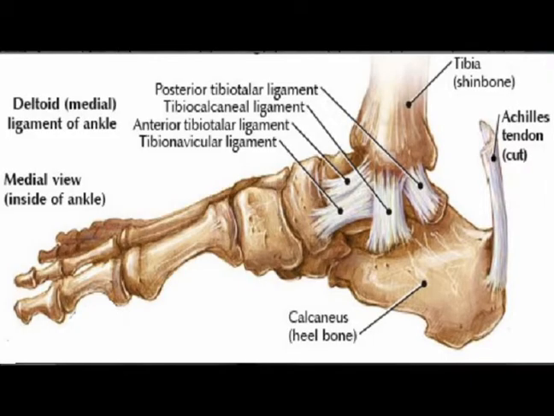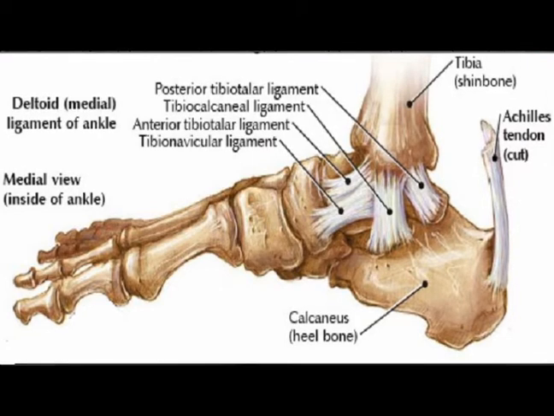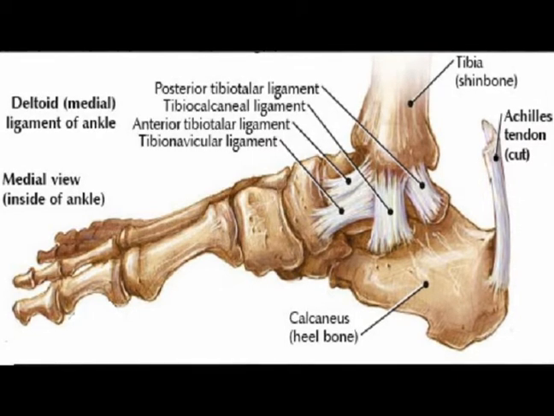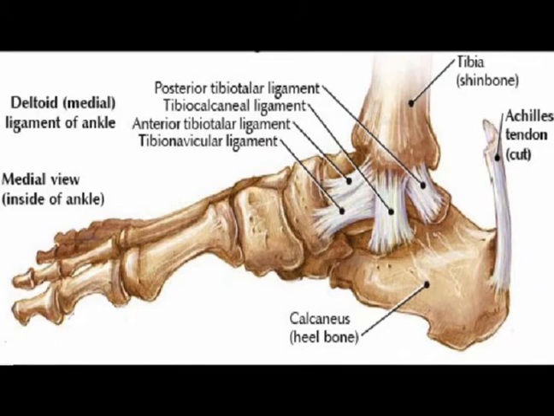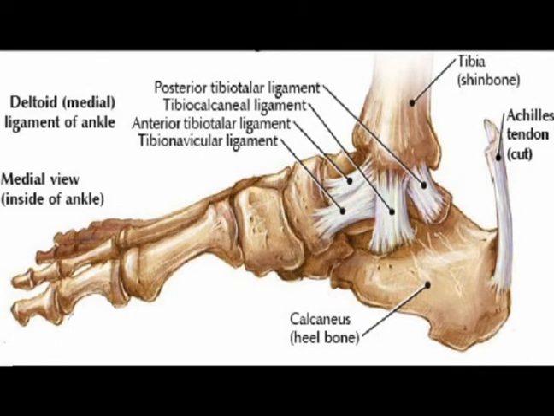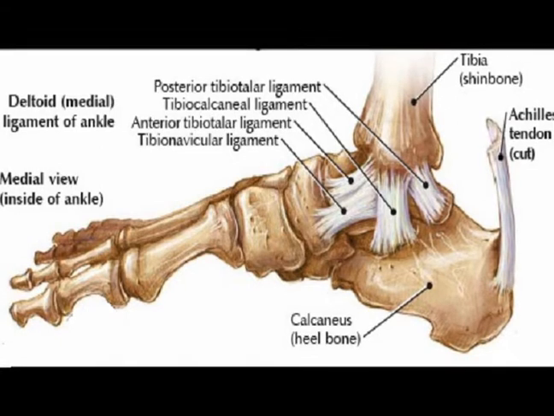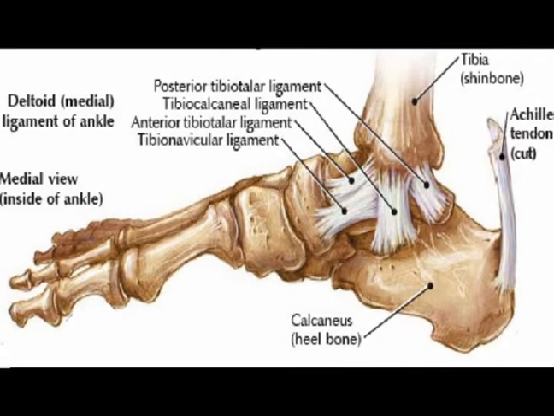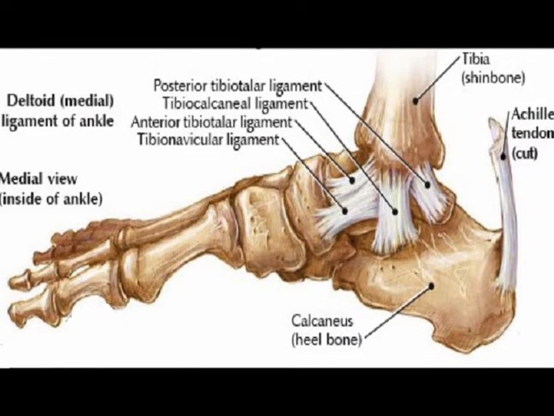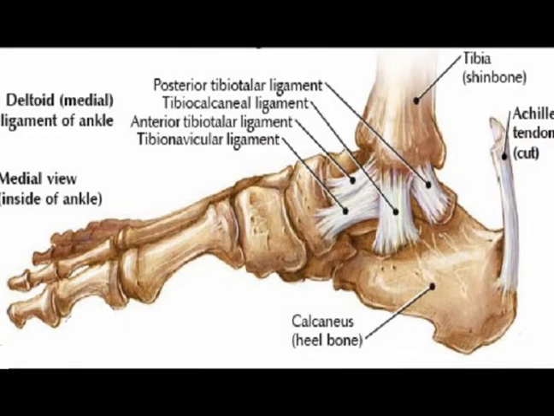Also, there are two branches that come off the posterior tibial nerve. There are four strong ligaments, collectively known as the deltoid ligaments, that connect the medial malleolus to various bones in the foot. Ligaments are strong structures that provide stability to the joint.